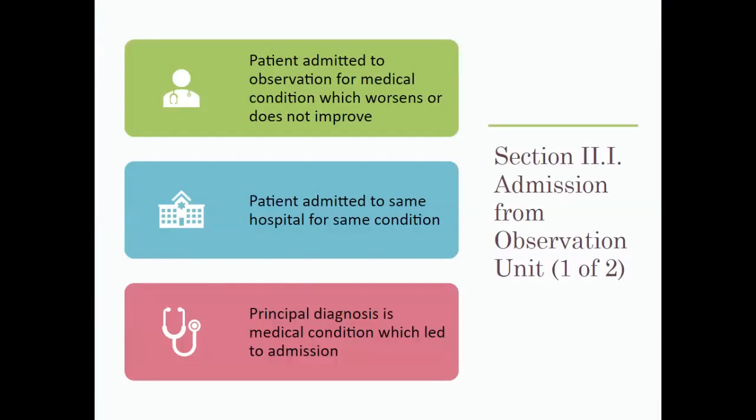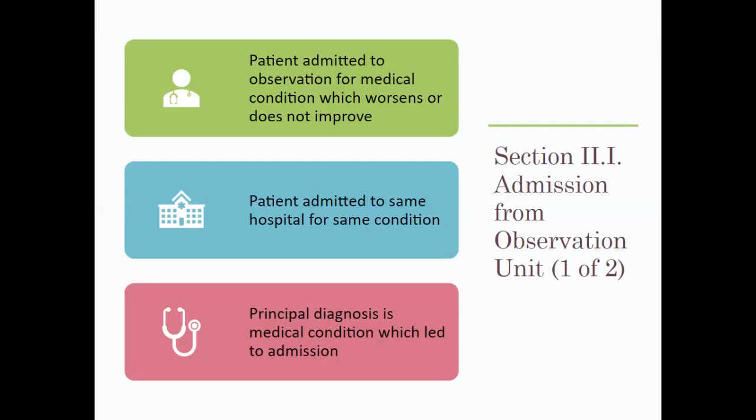Okay, so admissions from observation care or observation unit. A patient admitted to observation for a medical condition which worsens or does not improve is admitted to the same hospital for the same condition, and the principal diagnosis is the medical condition which led to the admission.